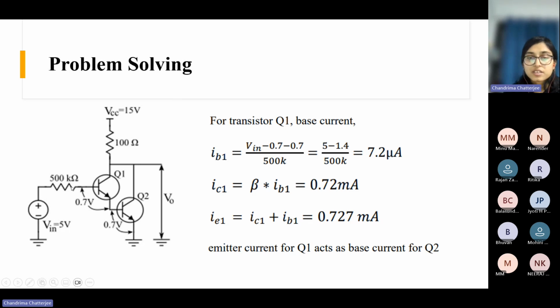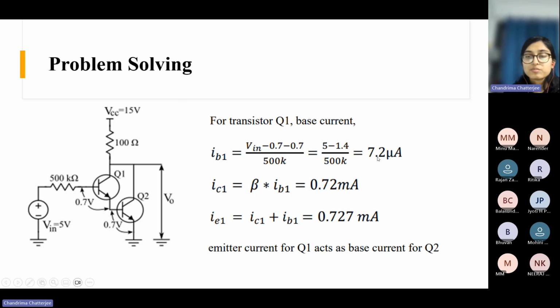This is pretty straightforward. We already have Vin equal to 5 volt, and the base emitter junction voltage is 0.7 volt, as given, and 0.7 volt again for this transistor as well. If we apply KVL in the base emitter loop, we find IB1 as Vin minus 0.7, again minus 0.7, divided by this resistor, which is 500 kilo ohm.